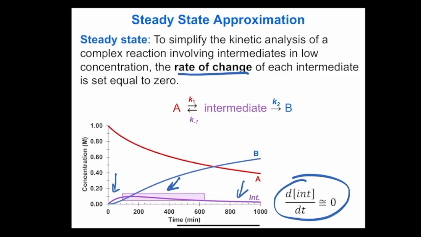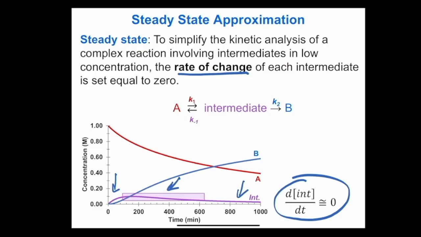Why this is important is the steady state approximation is something we say about the average or middle of the reaction. That's where it really applies. It's true as long as this line is not changing, but we know it has to, at some point, change. Intermediate must build up. At some point, there's not intermediate left. Again, this is an assumption we have to make because outside of these areas, this steady state approximation is not valid.